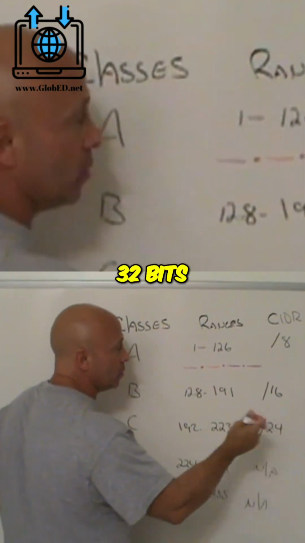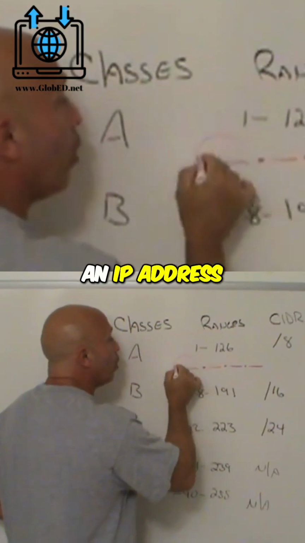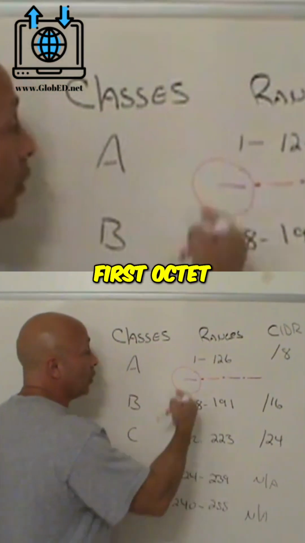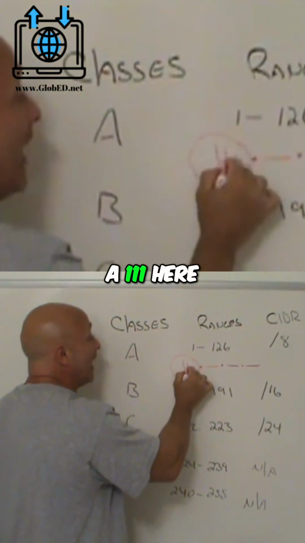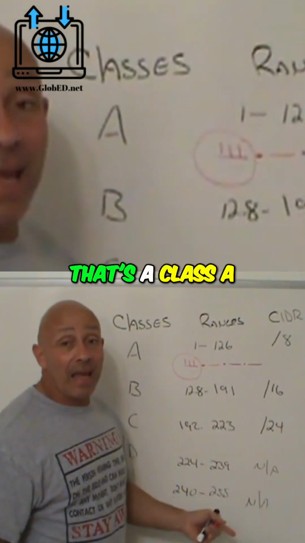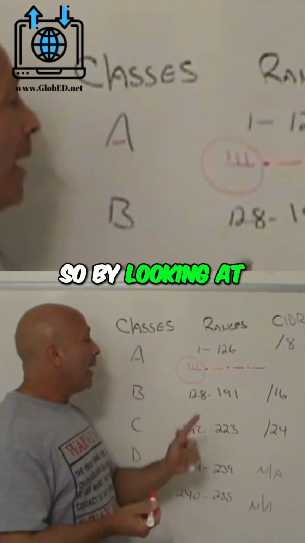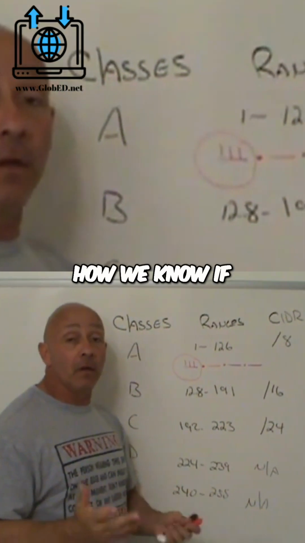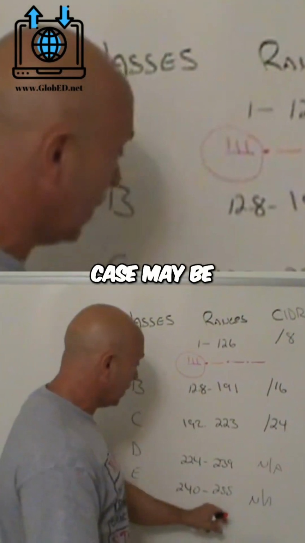IP version 4, 32 bits. So when we classify an IP address, we're looking at the first octet. So when you see, let's say, a 111 here, well, that falls in this range. Therefore, that's a class A. By default, it will have a CIDR of 8. So by looking at the first octet, we know if it's a class A, B, or C, or D or E, whatever the case may be.